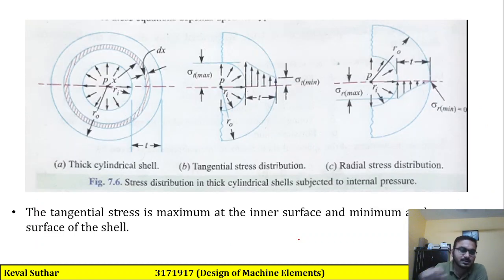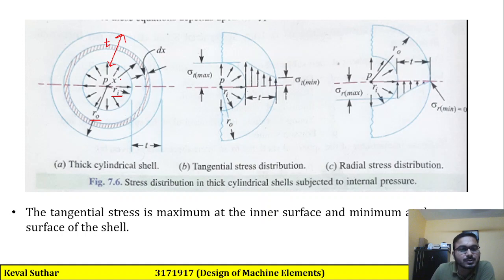So here this is our thick cylindrical shell in which we have this inner radius Ri, and we have outer radius Ro. This is the entire thickness. As you can see, the thickness is more here. Obviously P is the internal pressure.